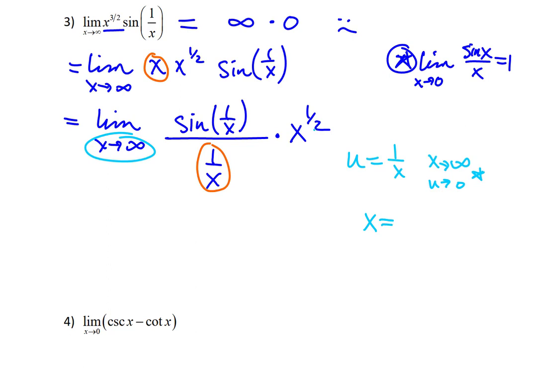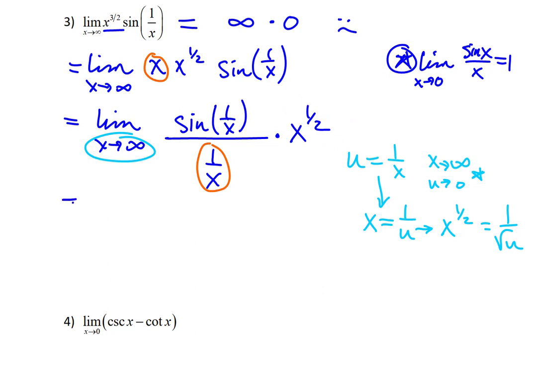So really x is 1 over u, which would mean that x to the 1/2 is really 1 over the square root of u. Okay, so that's taking the substitution we had originally, solving it for x, and then taking the square root of both sides will allow us to replace even this x to the 1/2.